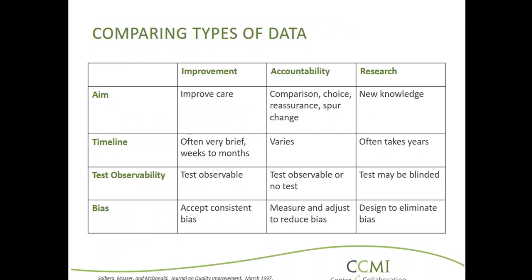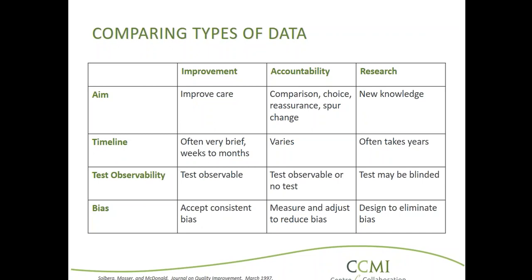I'm not going to spend a whole lot of time on this, but I think it's important to recognize that there are different types of data, different types of measurement that we go about doing. There's measurement for improvement, measurement for accountability or evaluation, and measurement for research. Each one of these requires a different level and actually a different rigor of data. For improvement, we have to be okay with what we call just good enough data.